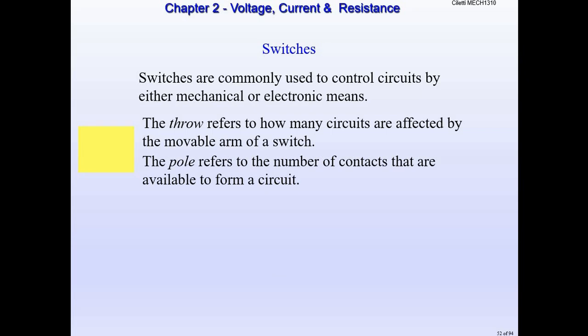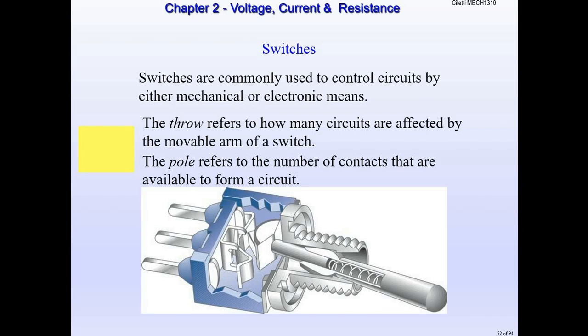So double pole, double throw is what we're going to think about as we start talking about these. Single pole, single throw. Think of a switch in your house, to turn on your lights or things like that, or just a basic switch that we're going to use and talk about.